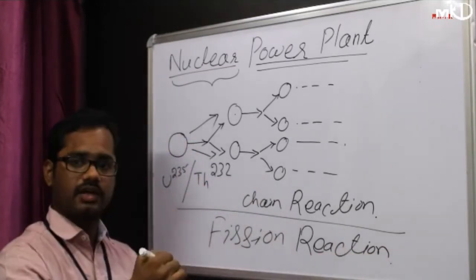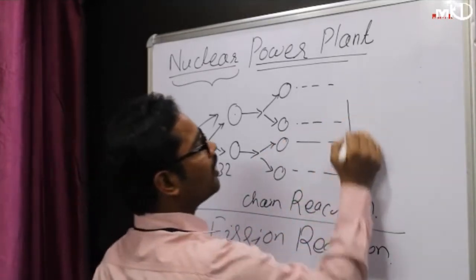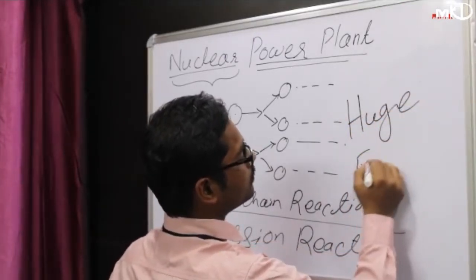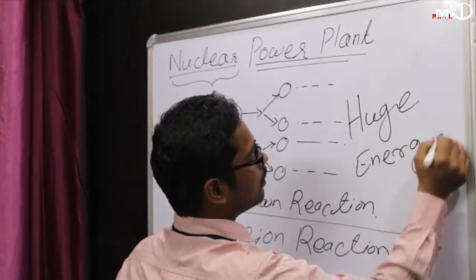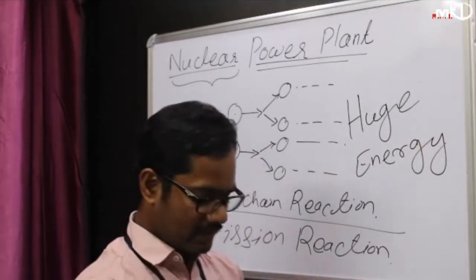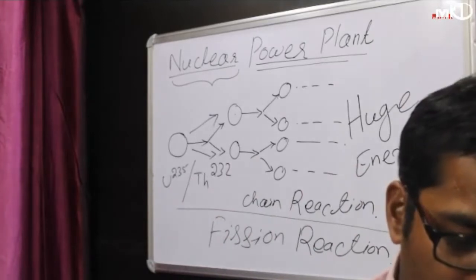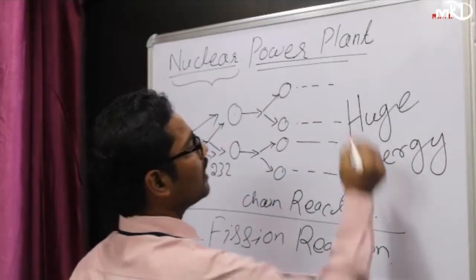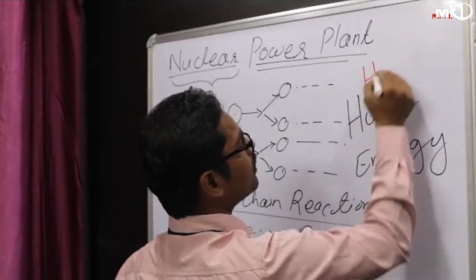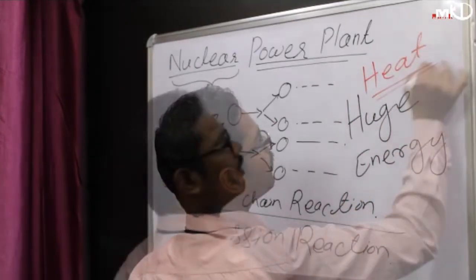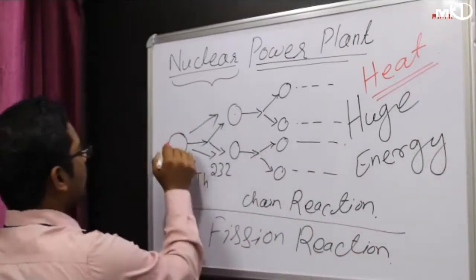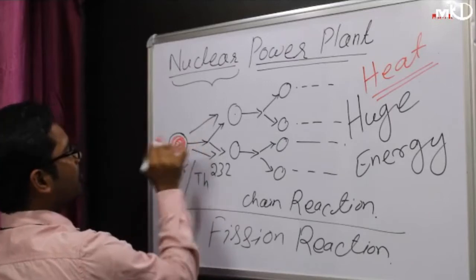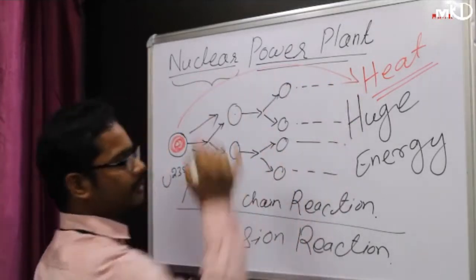With that fission reaction, you get a huge amount of energy in the form of heat. So the uranium breaks into a number of nuclei, and it is converted to heat.